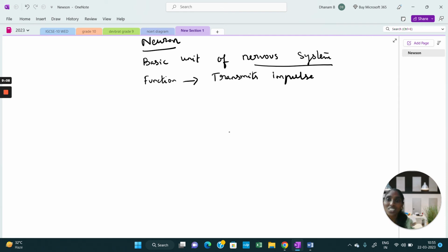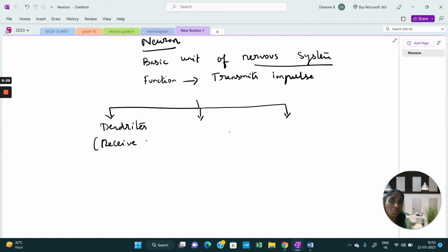And now, what is exactly present in the neuron? What are the components present in the neurons? In a simplified manner, I just tell you three parts. One is dendrites. Dendrites always receive impulse. Very important. Please remember this one.